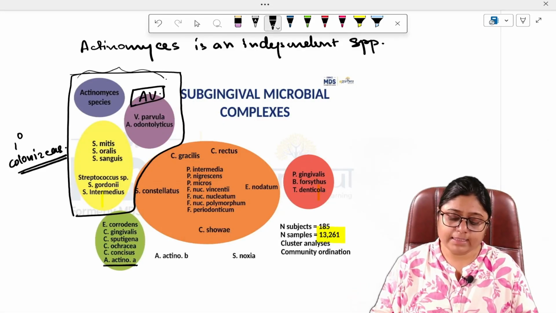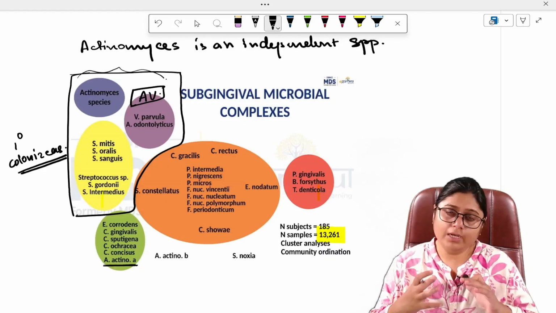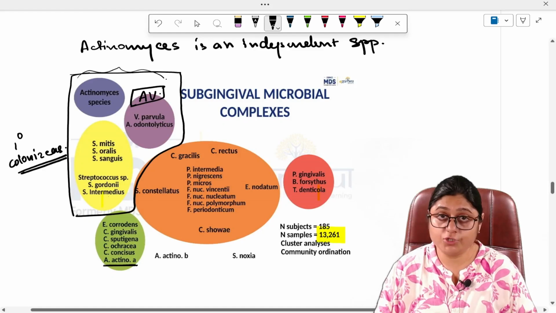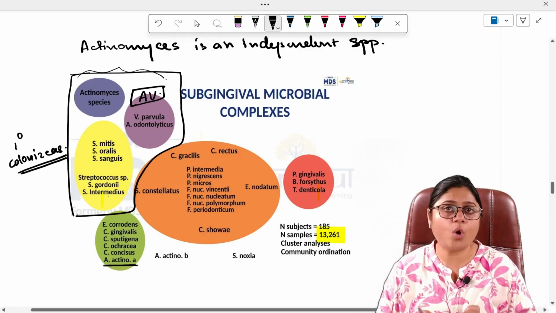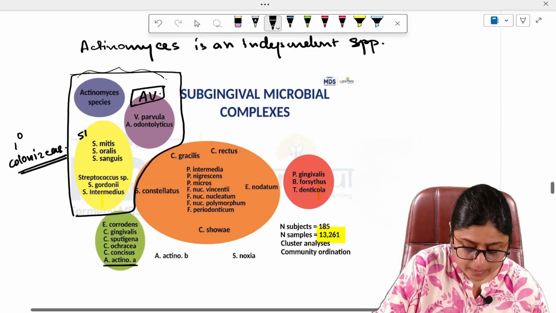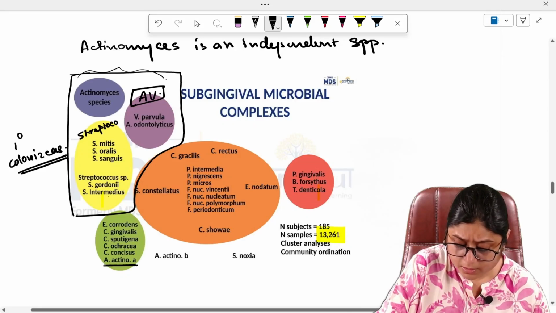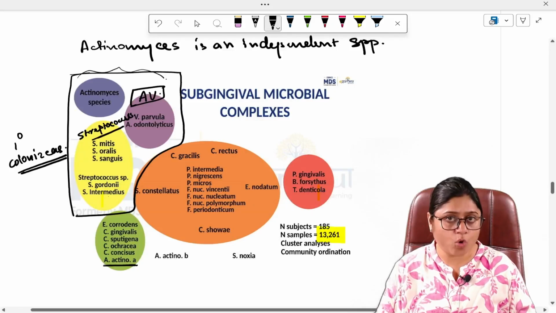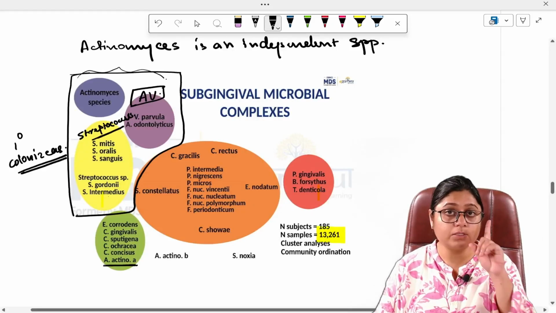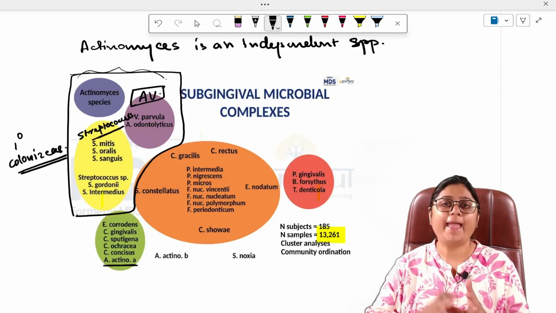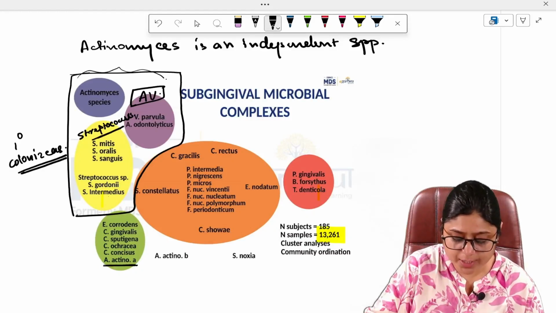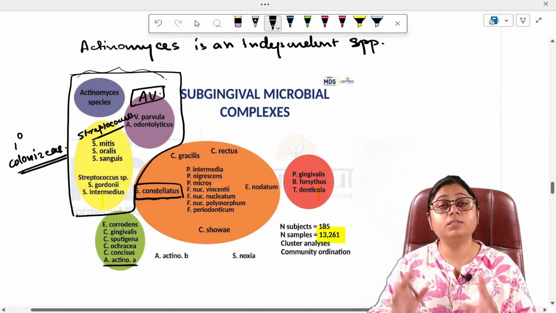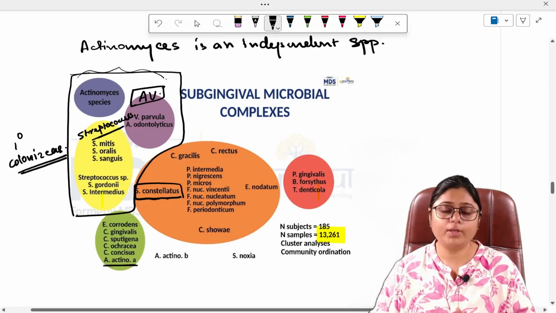Okay. Next is yellow complex. In yellow complex you don't need to remember all these strains. You just need to remember the species, and the species which is present in yellow complex is the Streptococcus species. Streptococcus species is present in yellow complex except one. There is only and only one exception which you have to remember, Streptococcus constellatus. This Streptococcus constellatus is a part of orange complex.